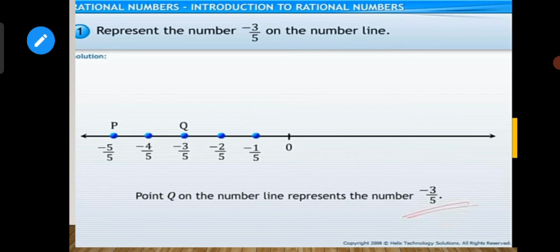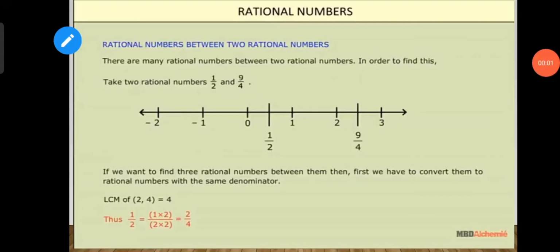Now the first subdivision will represent minus 1 by 5th part. The second subdivision will represent minus 2 upon 5, and the third subdivision will show minus 3 upon 5. And since we have to show minus 3 upon 5, with the help of an alphabet Q, we will represent it.